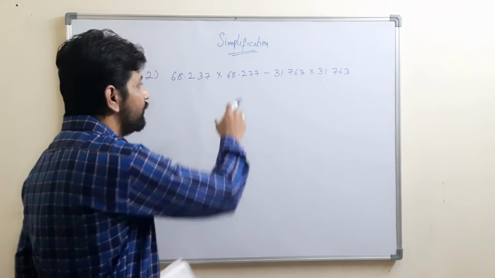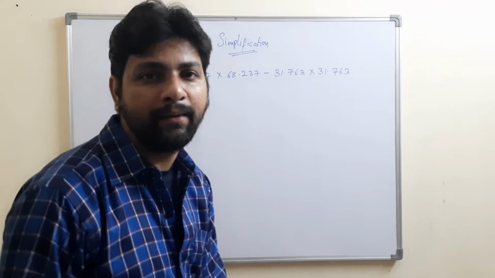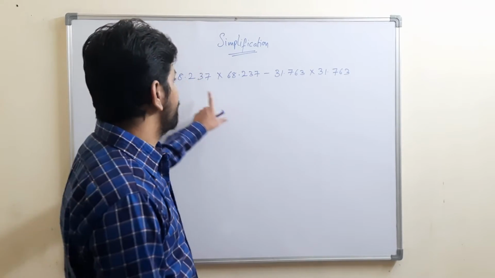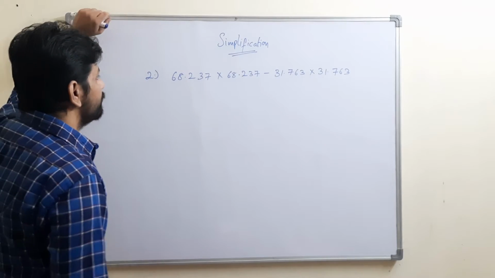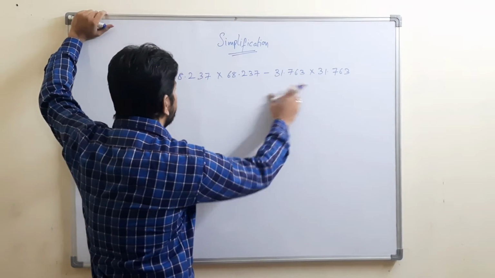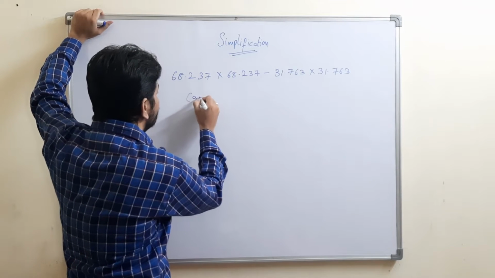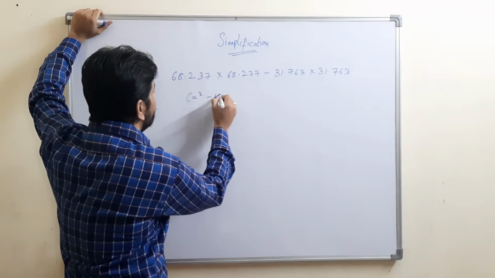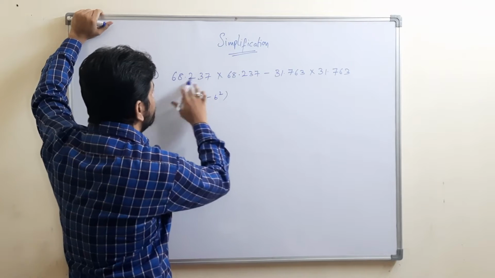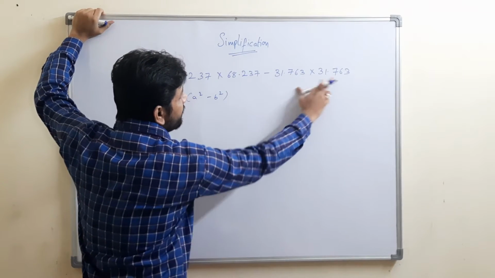This is similar to the previous problem. If you see here, this is in the form of A square minus B square. This is A square and this is B square, the same numbers.